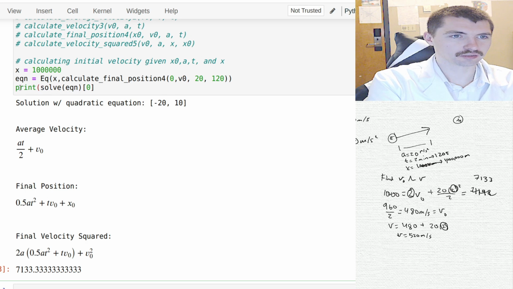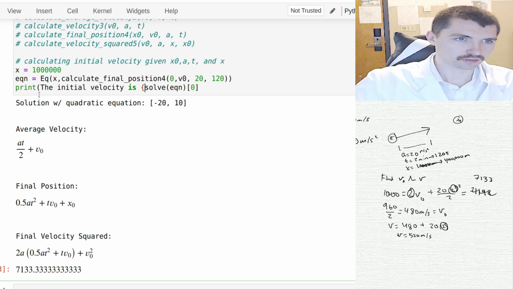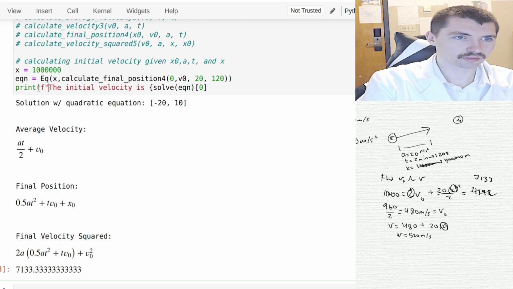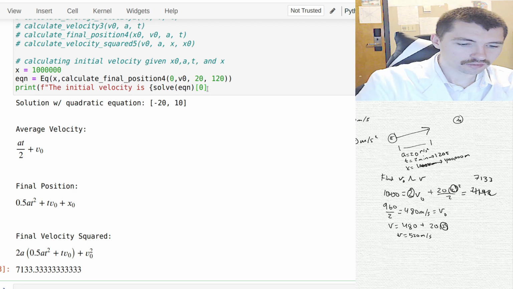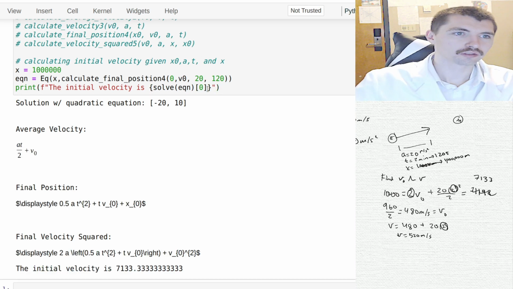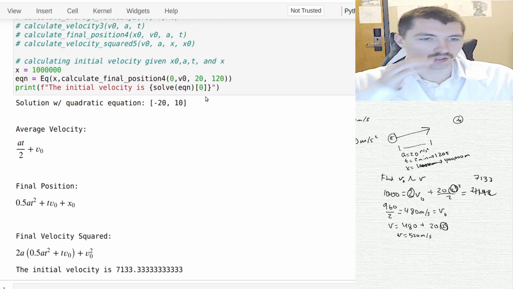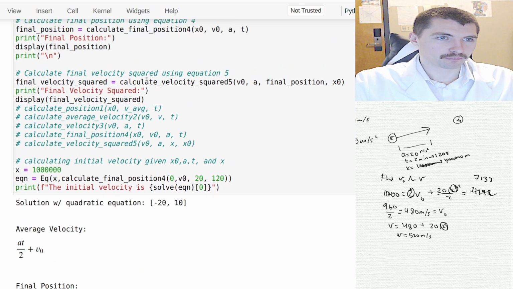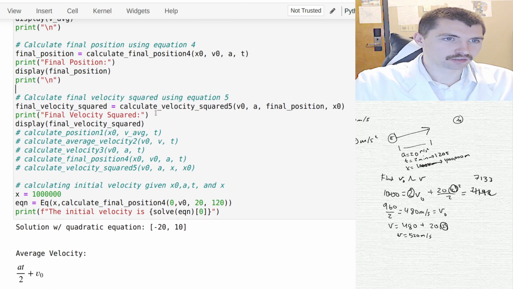Print the initial velocity is... okay. Yeah, I want a next line here.